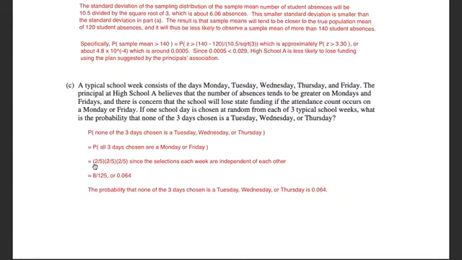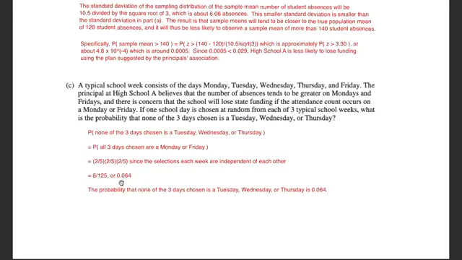Well, that's 2/5 times 2/5 times 2/5. And I can multiply those probabilities together: a Monday or a Friday for the first randomly selected week, a Monday or Friday for the second, a Monday or Friday for the third randomly selected week. I can multiply those together because the selections each week are independent of one another. And 2/5 times 2/5 times 2/5 gives me 8 over 125, or about 0.064.